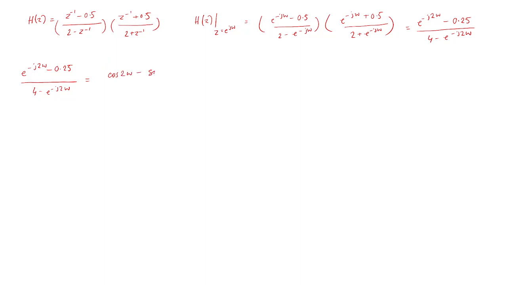Sine of minus 2 omega is minus sine 2 omega. There is an i here, or j is more suitable. Minus 0.25 by 4 minus (cos 2 omega plus j sine 2 omega).